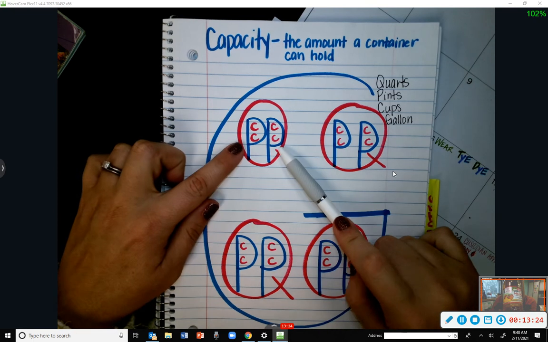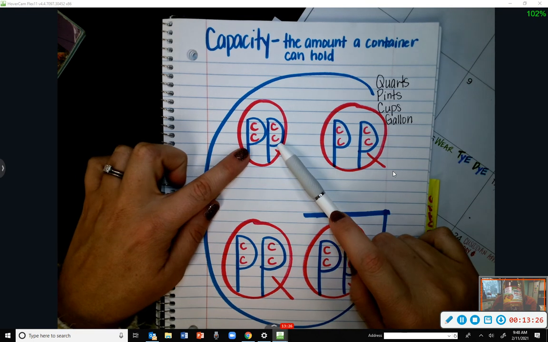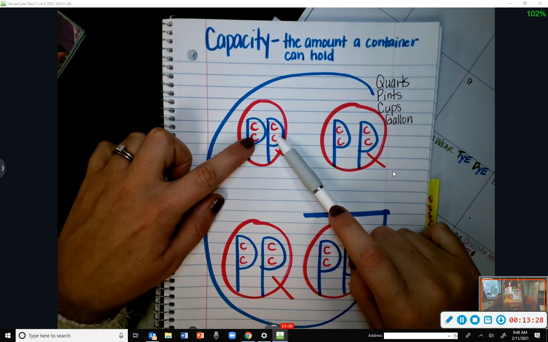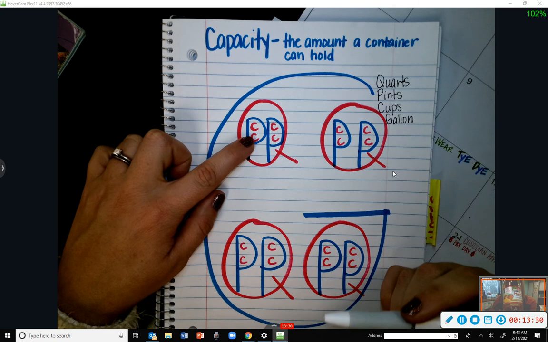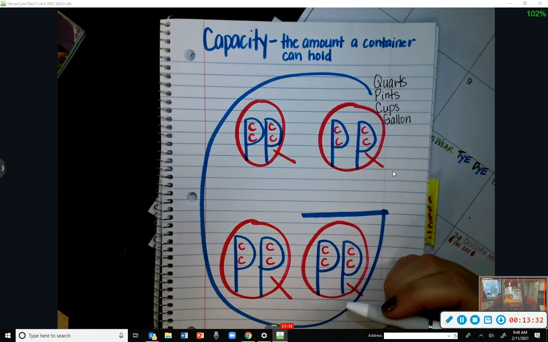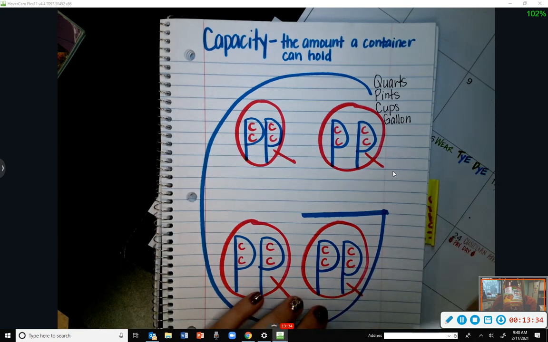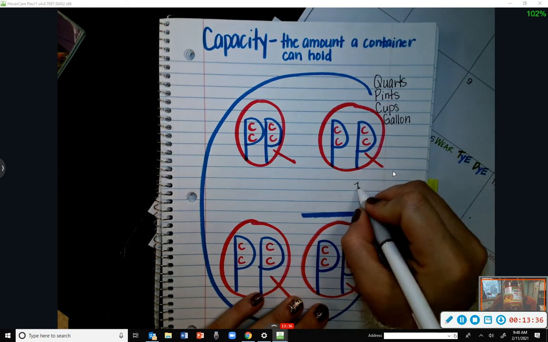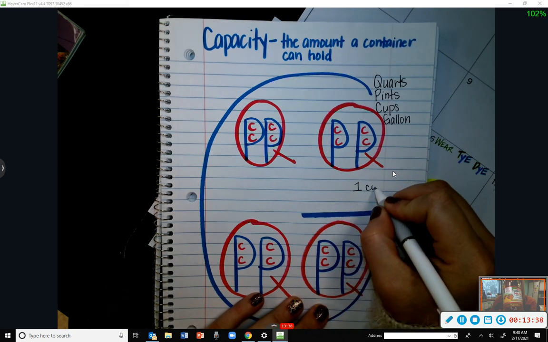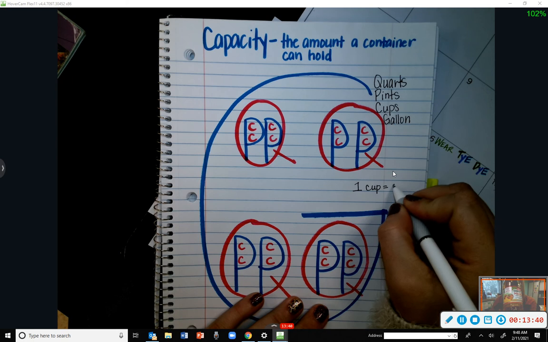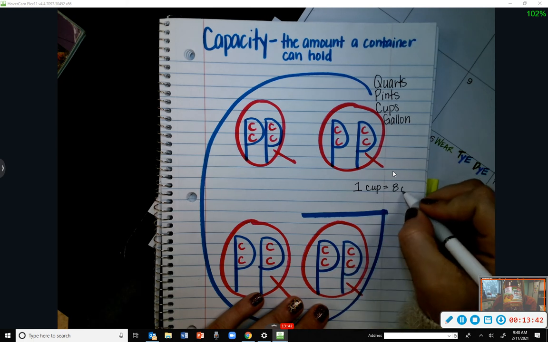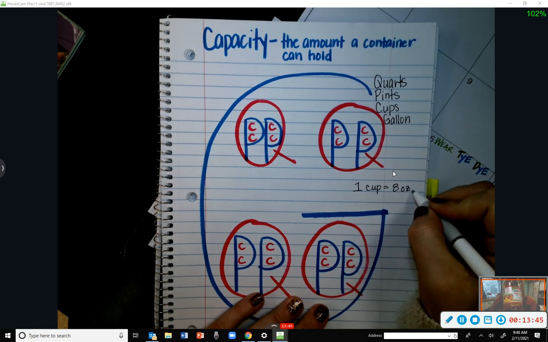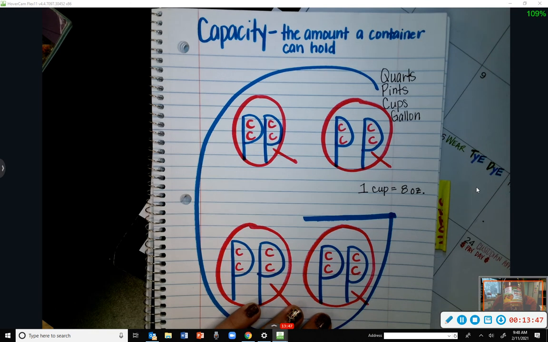The Q, or the quart, has 2 P's inside of it, and then it has 2 C's inside the pint, okay? One thing we needed to add to this was that a cup, which is the smallest one, 1 cup equals 8 ounces. OZ is the abbreviation for ounces.